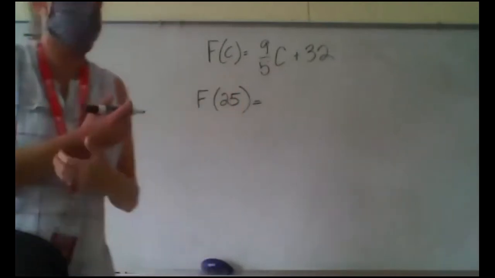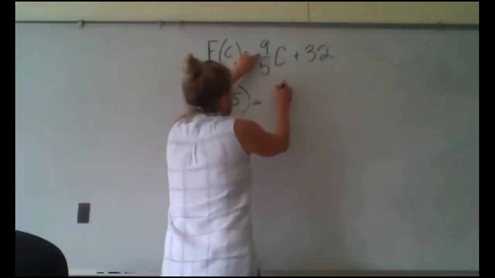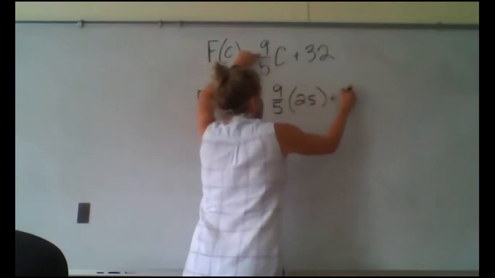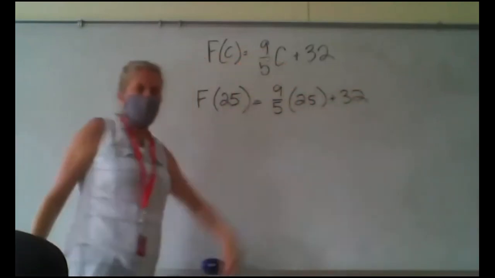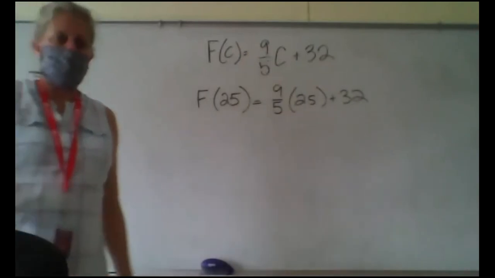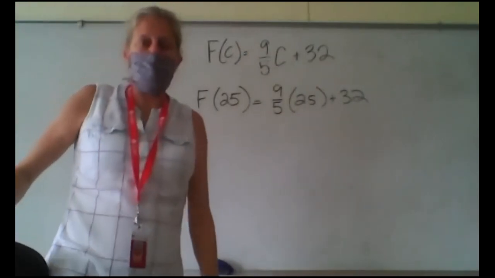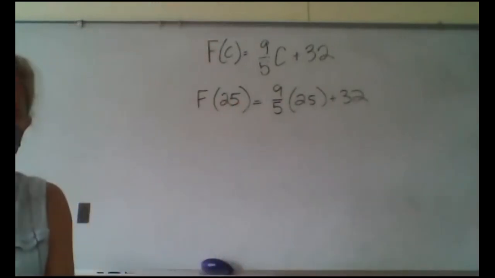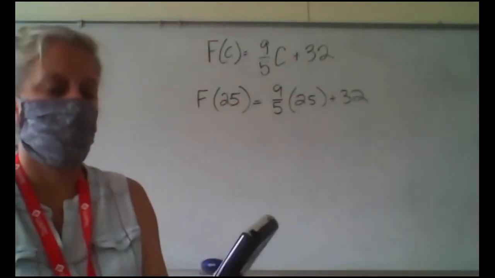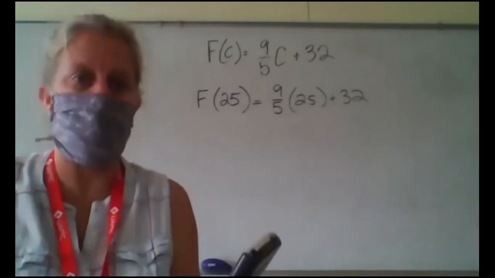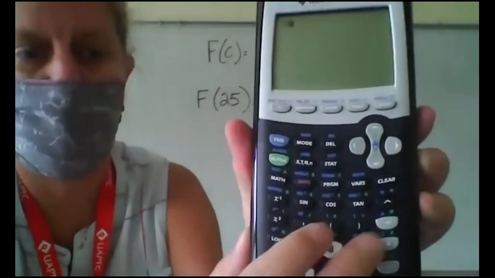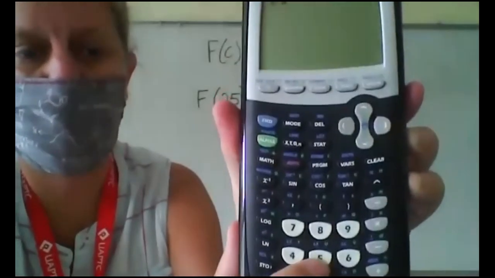So if I replace the c with 25, I'll have 9/5 times 25 plus 32. And since I'm not a huge fan of working with fractions, I'm just going to punch that in my calculator exactly like I see it. So I will type in 9/5. So 9 over 5.